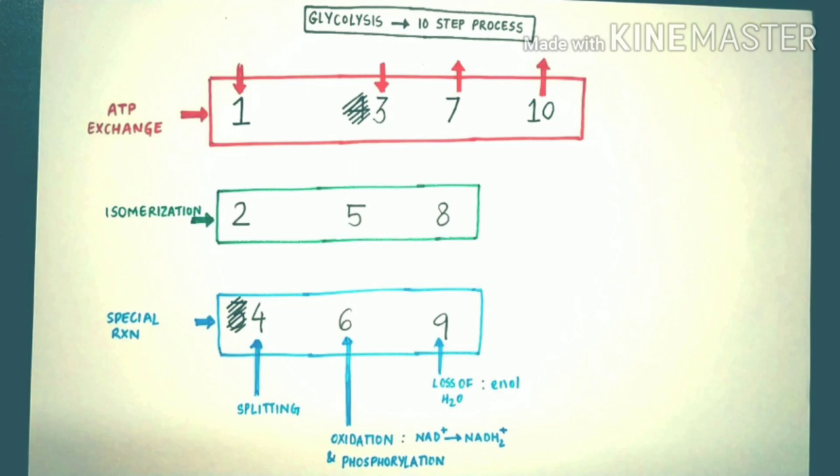S for splitting, O for oxidation, P for phosphorylation, and water to indicate loss of water. And this is the simple blueprint of glycolysis. It will be helpful to learn this and keep this and the general idea of intermediate structures in mind to understand glycolysis. Now let's move on to writing each step of glycolysis.